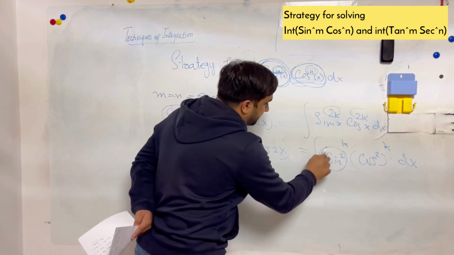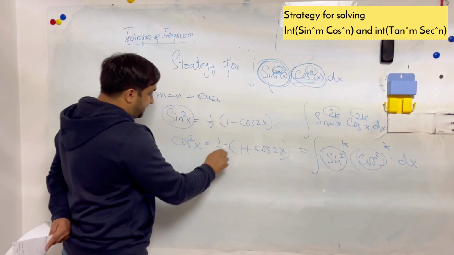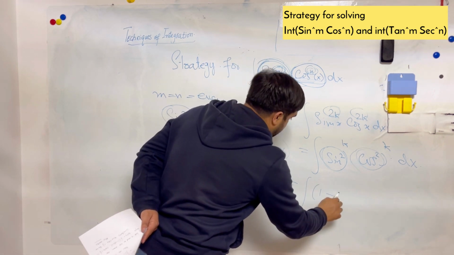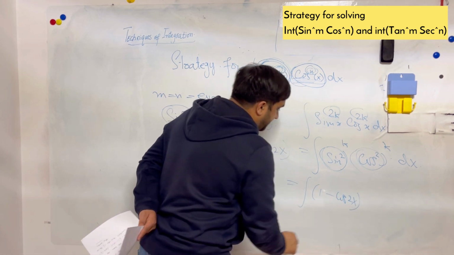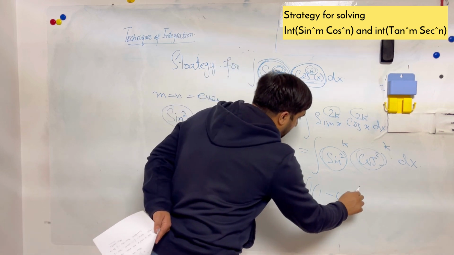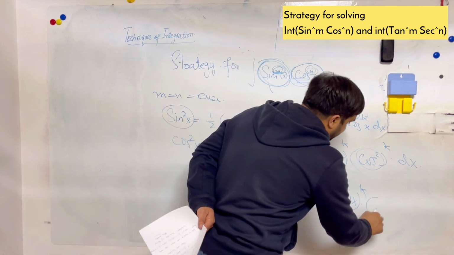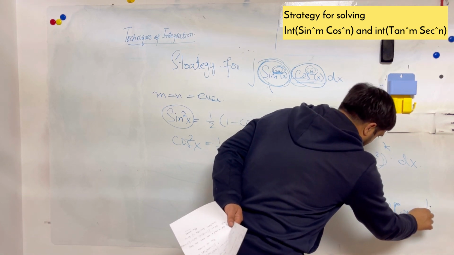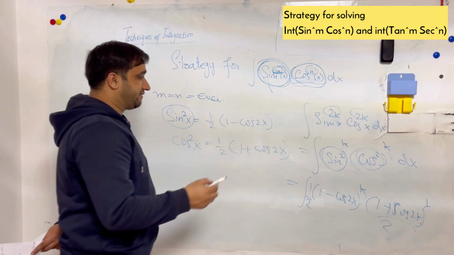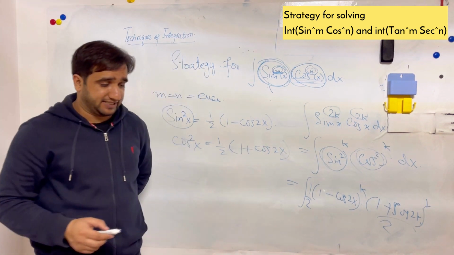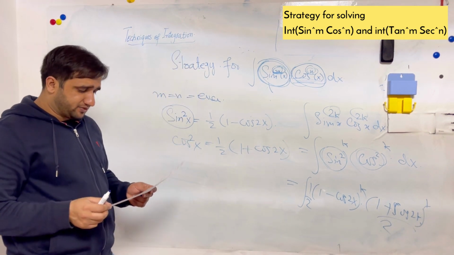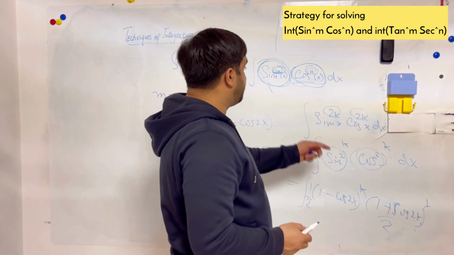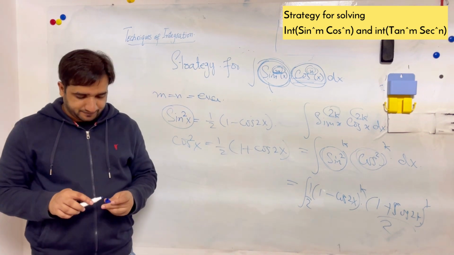Now you know something about these, so you can put these identities there. It will become 1 minus cos 2x whole power k and 1 plus cos 2x whole power k divided by 2, whatever it is, and then you can simplify them. You can always use the half angle identities if both are even.